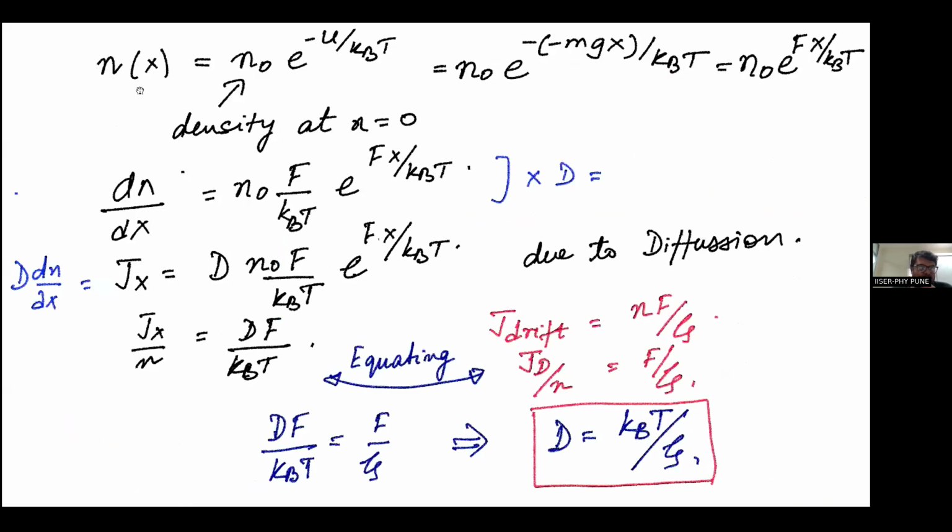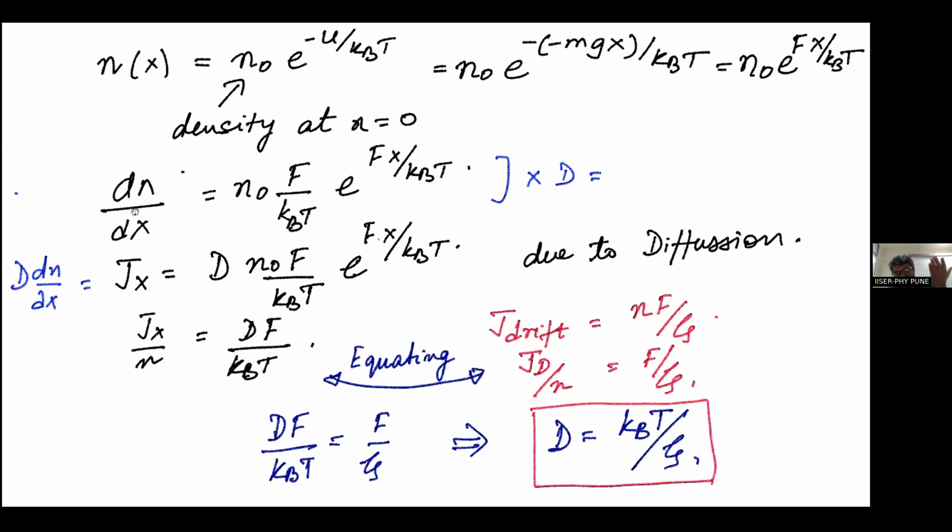Now, the particle density, because of Boltzmann statistics, this is the density at x equal to 0. It is decreasing, like n_0 e to the power minus Fx by k_BT. Remember x is in the negative direction and so on. F is acting in this direction. So remember the origin and so on. dn/dx is the gradient of c.